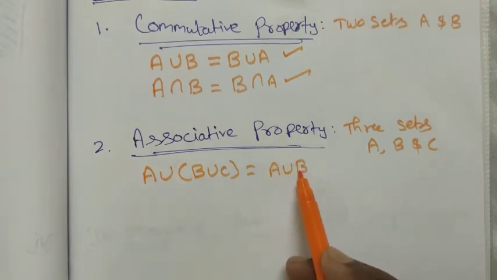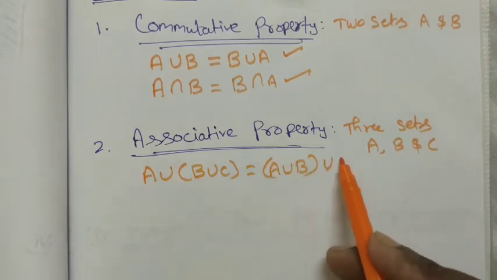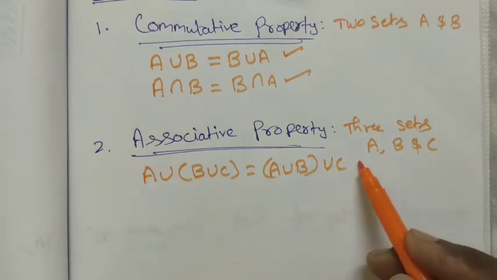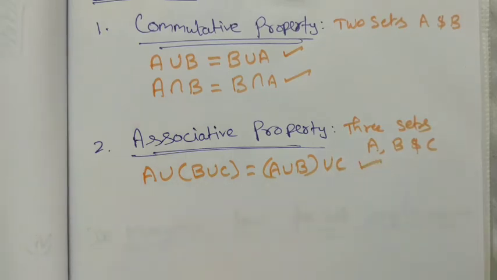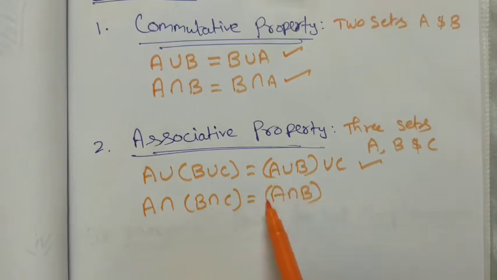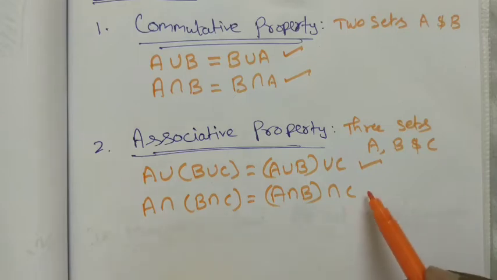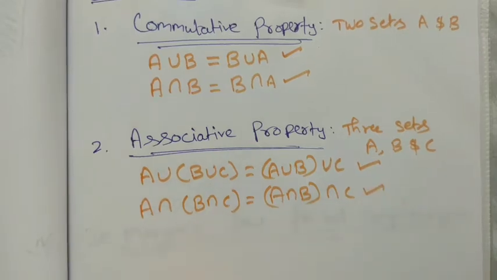This property is always true for both union and intersection. Next one is A intersection (B intersection C) is equal to (A intersection B) intersection C. We are just interchanging the brackets. Associative property and commutative property are always satisfied.